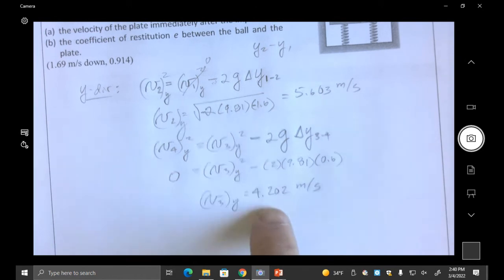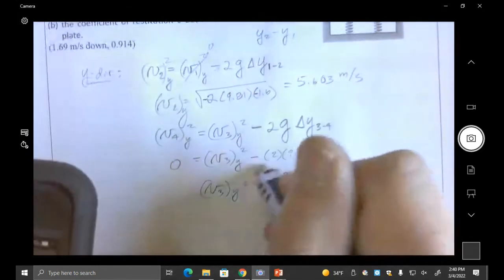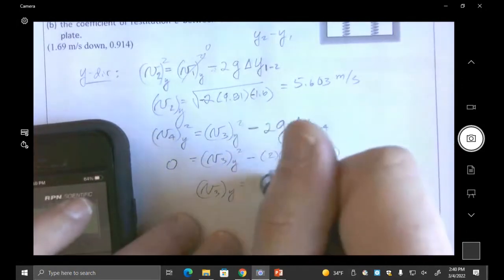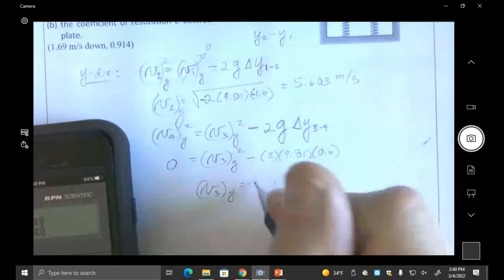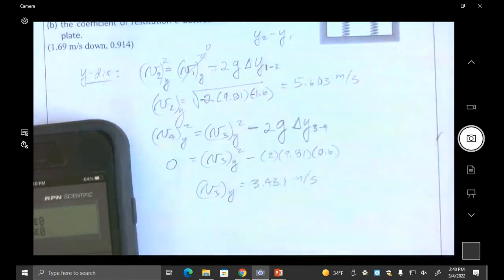How come I got the wrong number here? I should get the same exact thing, and I must have just hit the calculator wrong. 2 times 9.81 times 0.6, square root. Sure enough, .431. I don't know why.